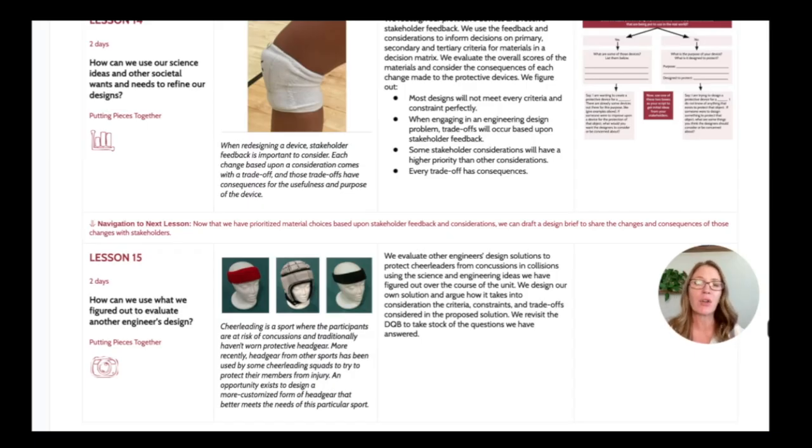Anyways, we introduce the idea of stakeholders and trade-offs, and every trade-off will have a consequence, but sometimes they happen. We also introduce the idea of a decision matrix and going through how you make decisions using feedback from stakeholders or other people that you have surveyed.